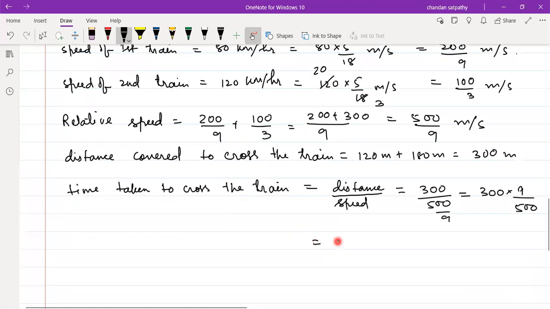So it is coming how much? Zeros cancel. So 27 by 5, or that is 5 2 by 5 second. This will be the answer. Is it clear now? Those who have understood, raise your hand.